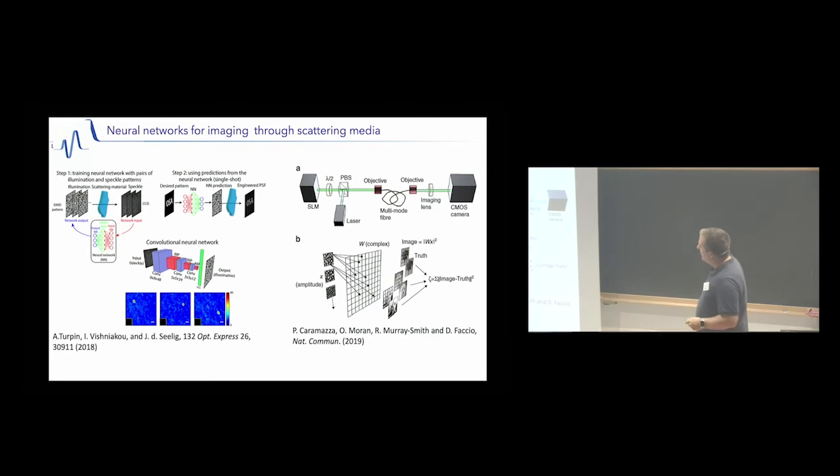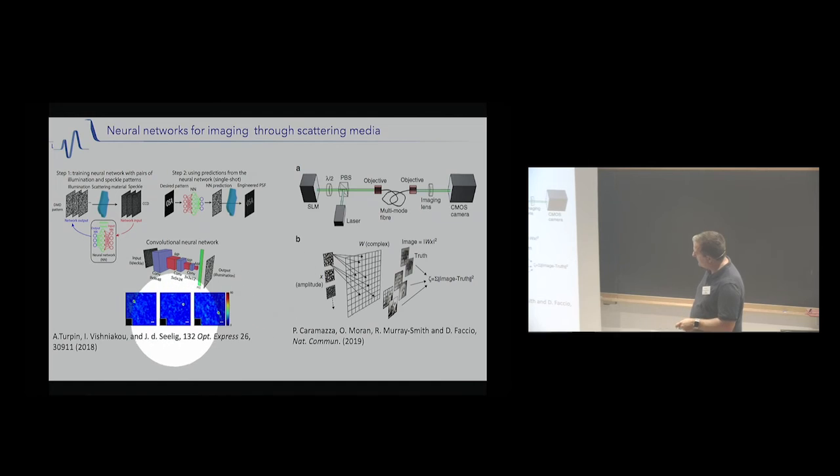So there has been quite a lot of work in trying to use neural networks to image through scattering media. And I want to point out these two, which are basically from Alex Turpin, I think he was in Glasgow at the time. What they did is they say, okay, I have a certain number of inputs and a certain number of outputs, so SLM and camera.